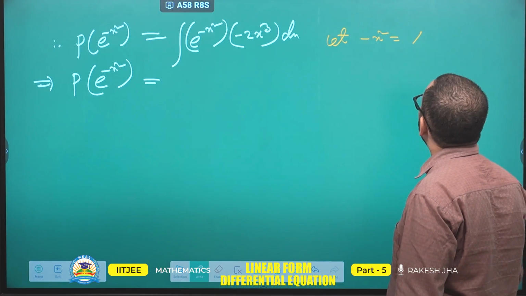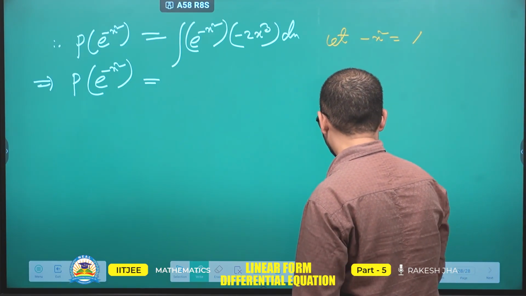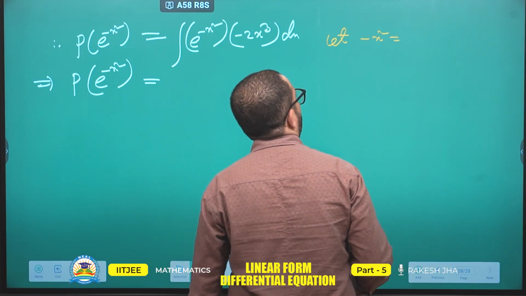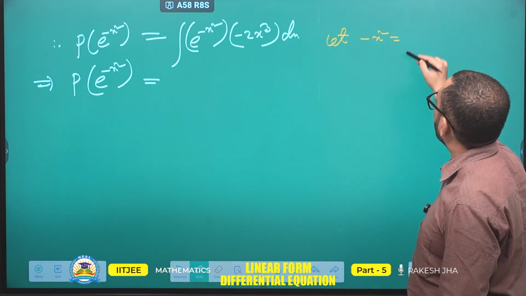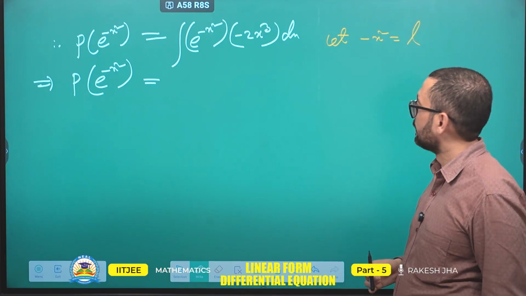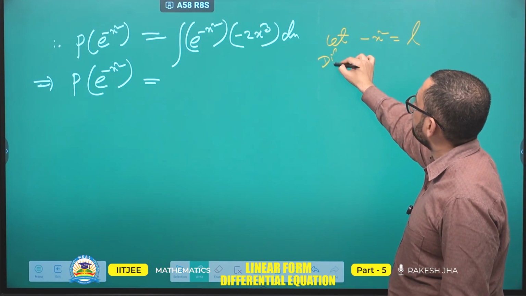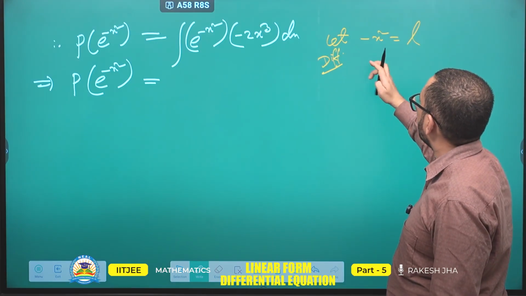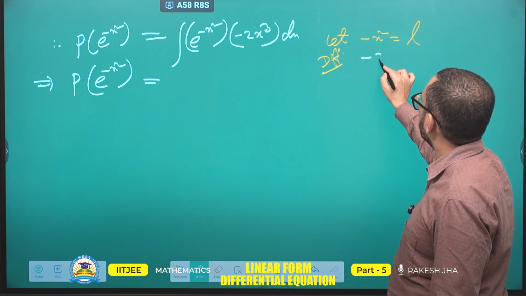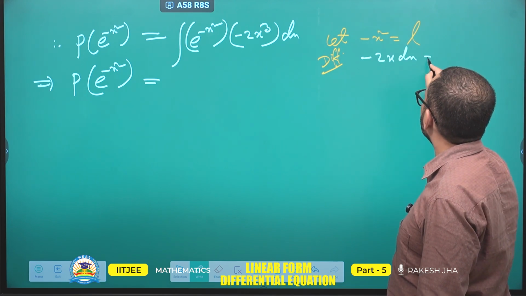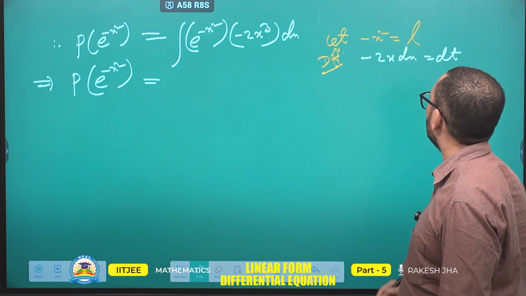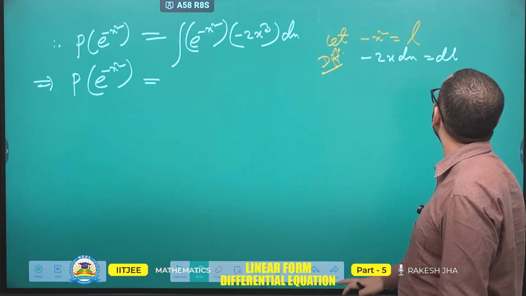T is already taken, y is also taken. So we can take L, for example. So what will happen, differentiating both sides, minus of 2x dx is equal to dl.